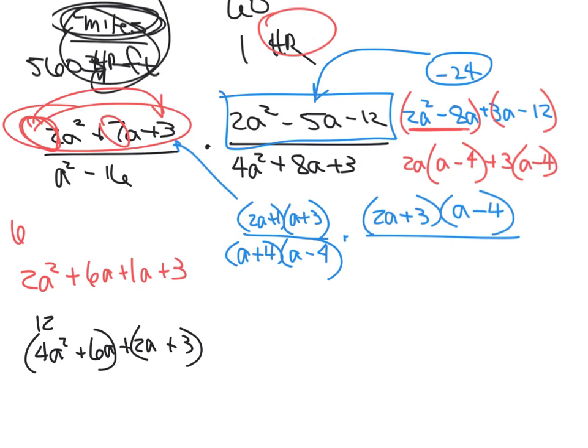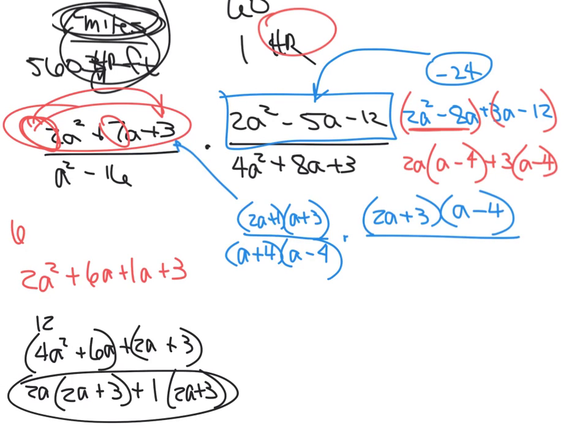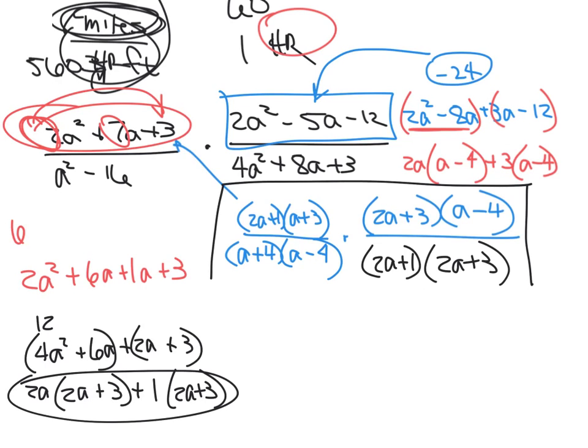Little parentheses, I'm going to factor out a 2a, and I'm left with 2a plus 3. Here there's nothing to factor out, so there's just that assumed 1 there. So I'm going to take that answer and put up here. So 2a plus 1, my number's outside, and my number's inside. Alright, so this then is my simplified version of my original.